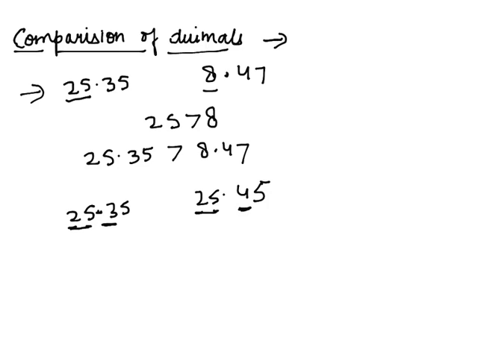Clearly 4 is greater than 3, so 25.45 is greater than 25.35. We check the 10th place first, then the 100th place, then the 1000th place. Before the decimal point we check ones, tens, hundreds, but after the decimal we start comparing with the 10th place, 100th place. Let's take another example.